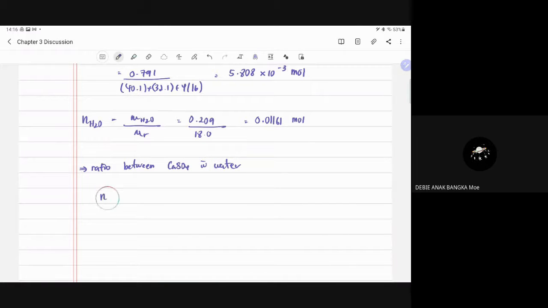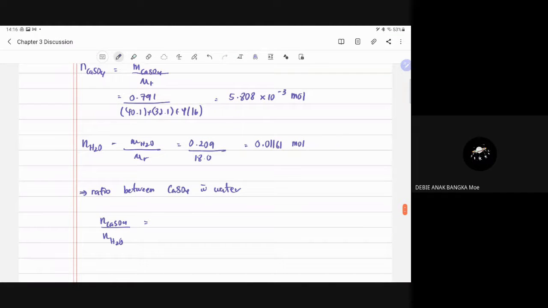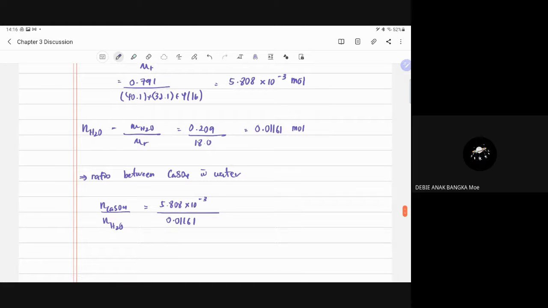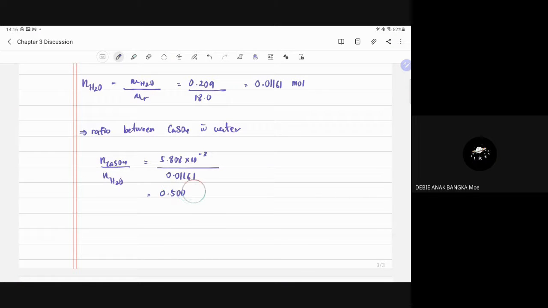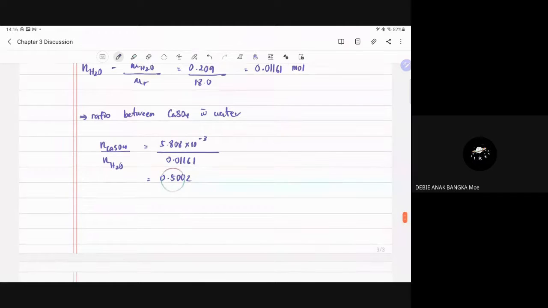Okay. So, number of mole of CaSO4 bagi dengan number of mole of H2O bersamaan dengan 5.808 kali 10 negatif 3 bahagikan dengan 0.01161. Okay. Kamu akan dapat jawapan dia 0.5002. Okay, ini adalah nisbah dia, which is equivalent to 0.5.